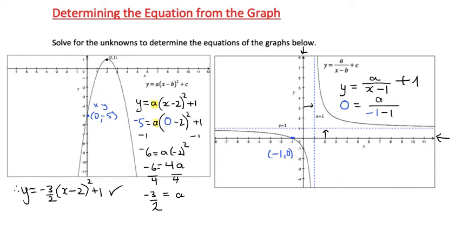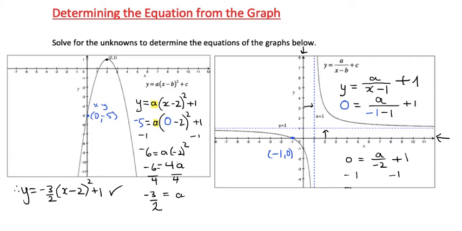Okay, so the a is still there, and then this is +1. Let's go down here. And so we have 0 is equal to a over -2 plus 1. Hopefully you can see to solve this, we're going to take 1 off each side.